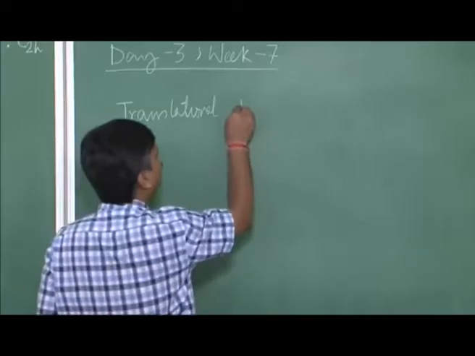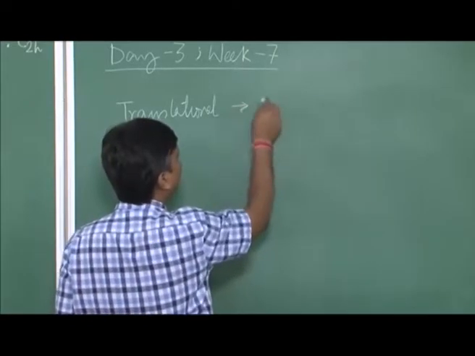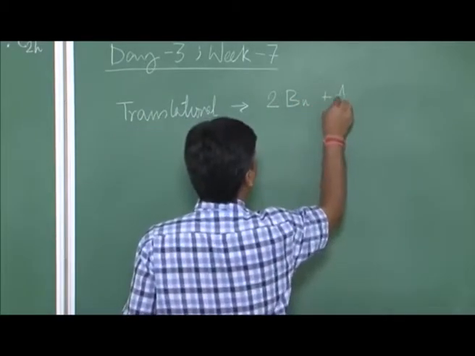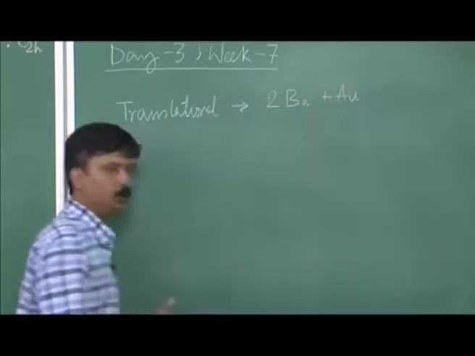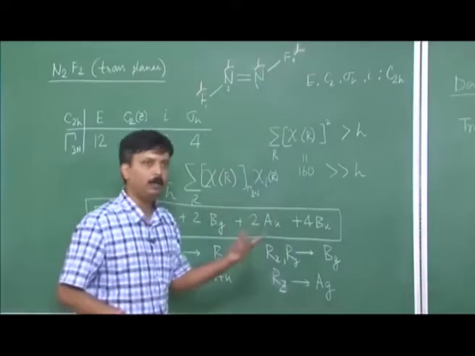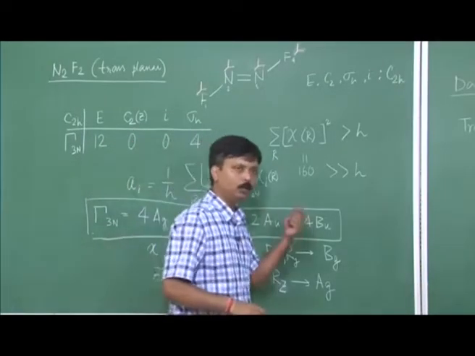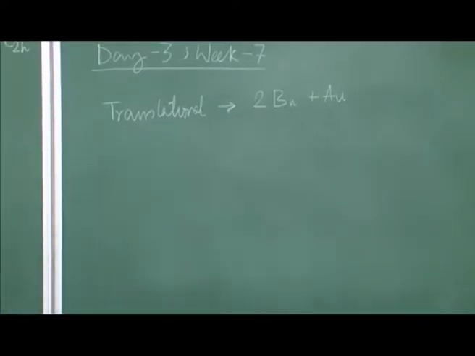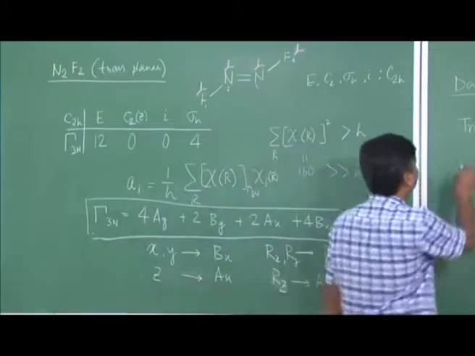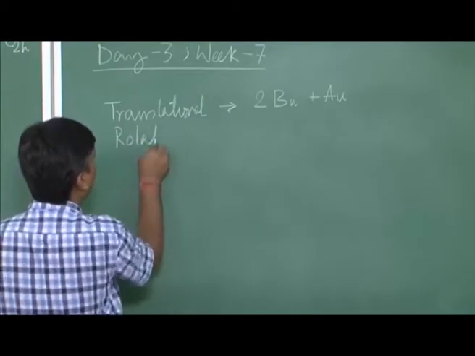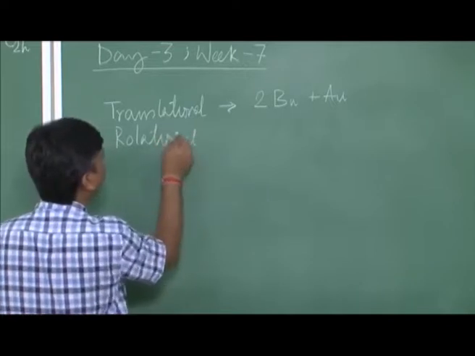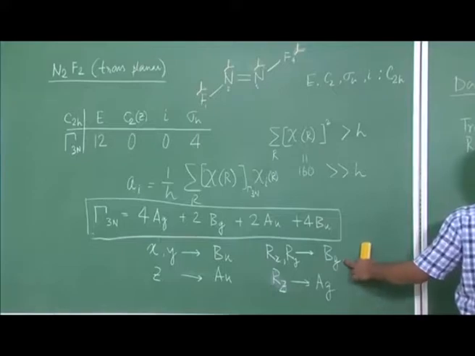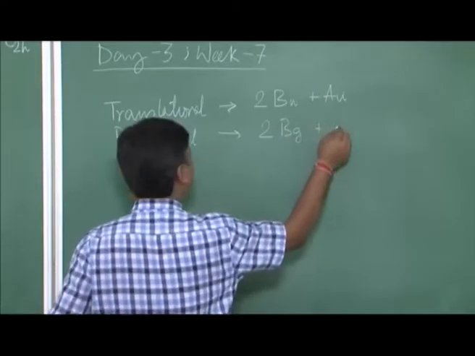So I have ultimately contribution coming from x, y and z as 2Bu plus Au, right. Why 2? Because both x and y transform as Bu. So each contribution I have to take care of, and then I get this 2. And rotational, I have 2Bg similarly plus Ag.